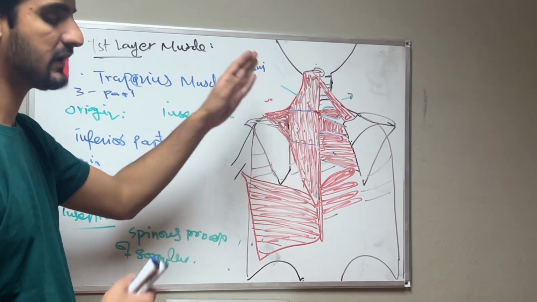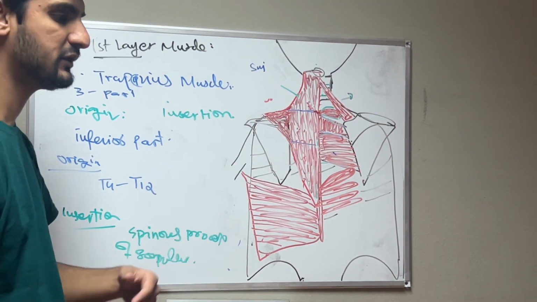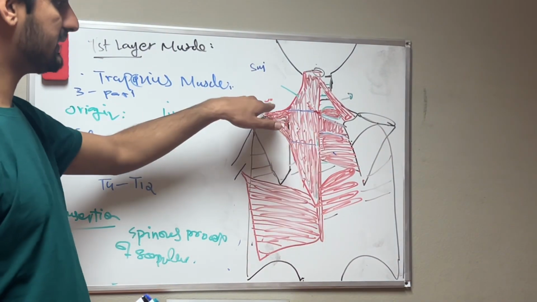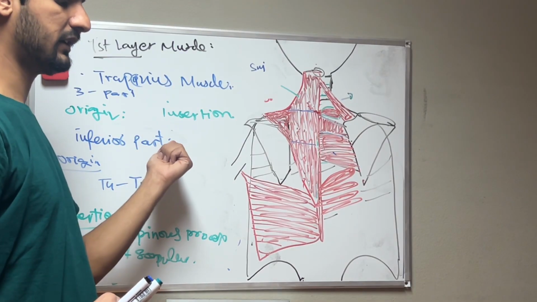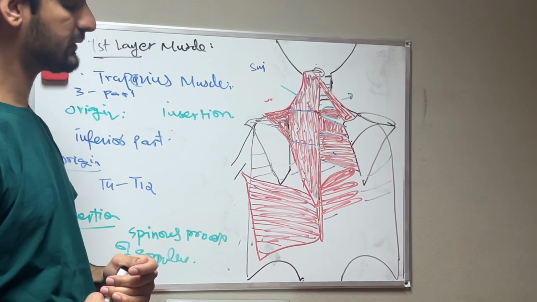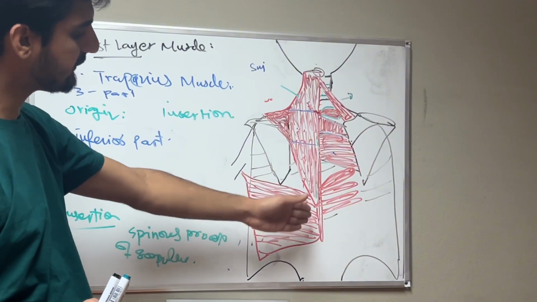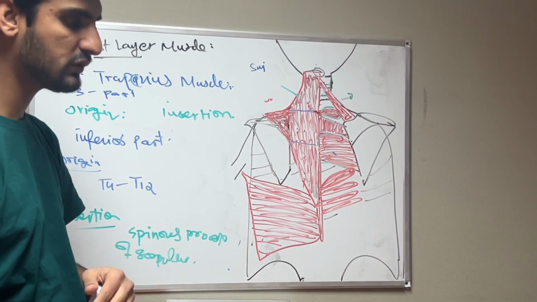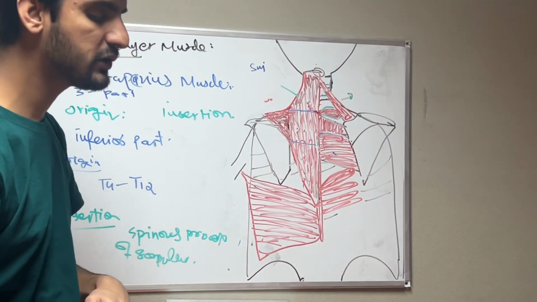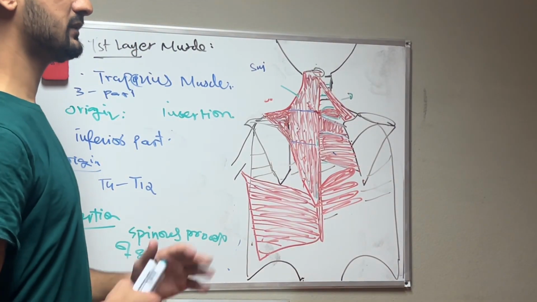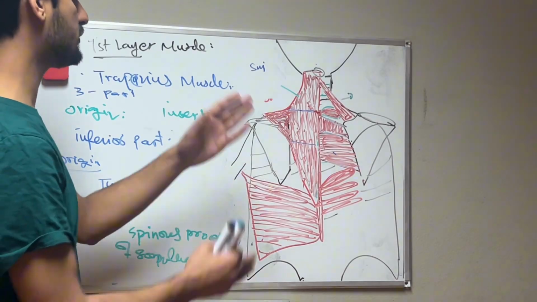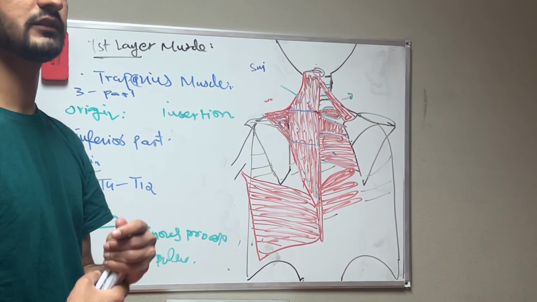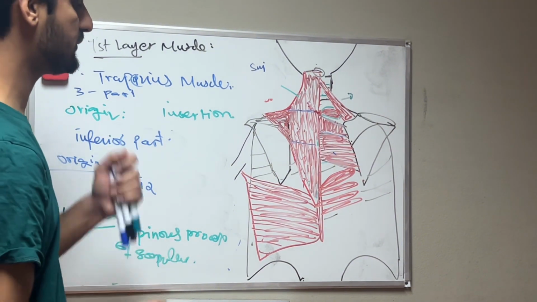The inferior part starts from T4 thoracic vertebra to T12 thoracic vertebra, and inserts into the spine of the scapula. These are the trapezius muscle of the superficial group of back muscles which we discussed.